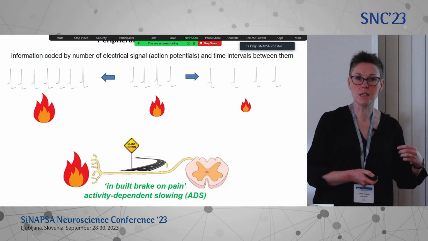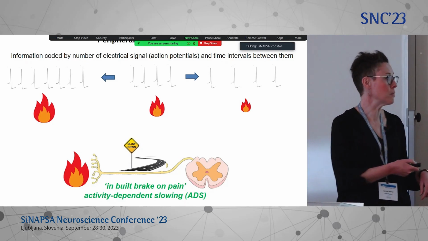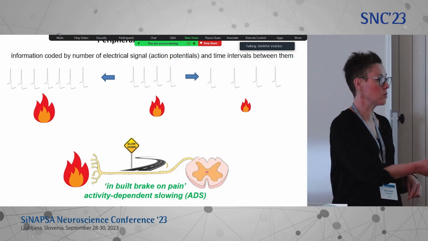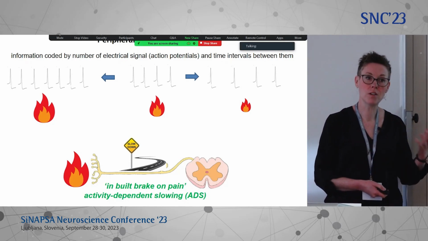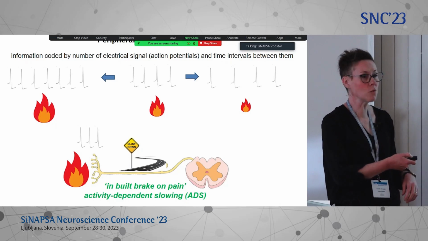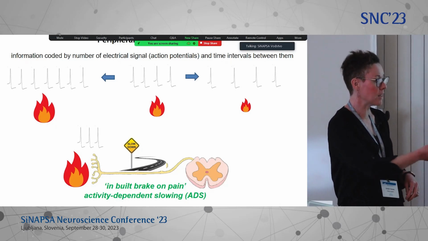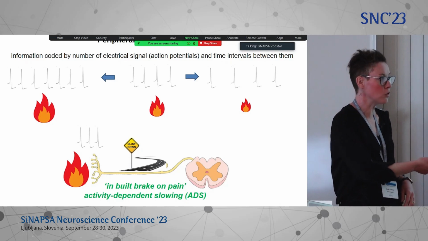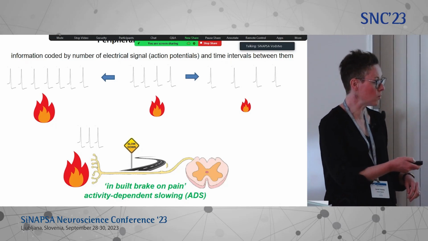Now, interestingly, the pain-sensing C fibres that relay pain signals to the CNS have an interesting property. So when action potentials are triggered in the nerve terminals, they're not just passively transmitted along.